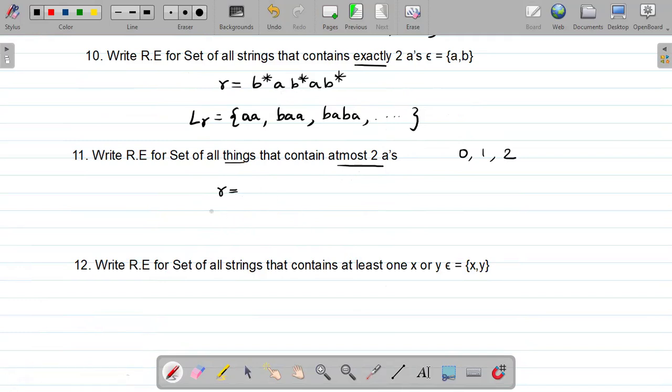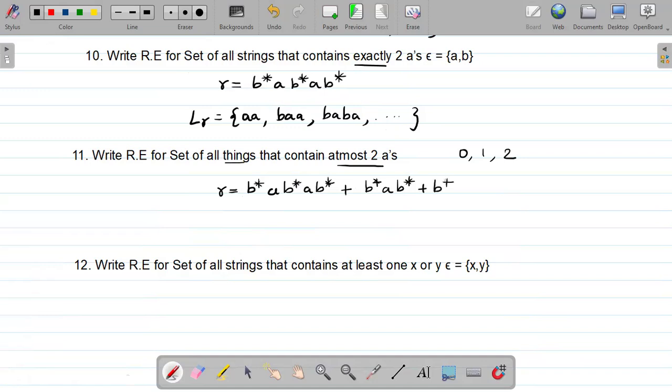In the previous problem, we got B star A B star A B star. Or we can have a single A also. So we'll have to take care of B star A B star, or no A's at all.